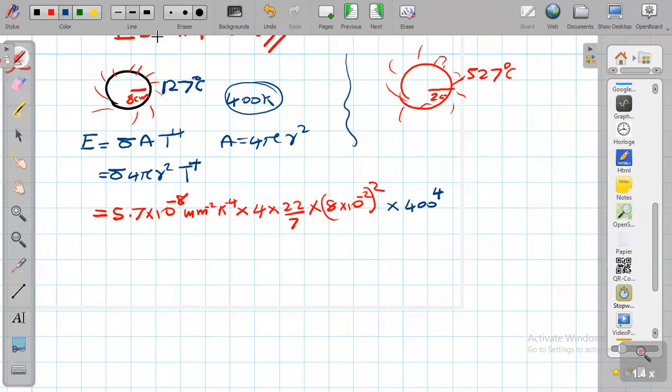Okay, I'll get some power which is somewhere like 170.3 watt. I took the left hand side.